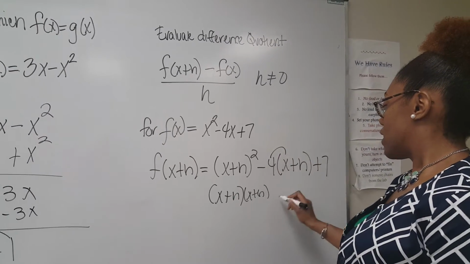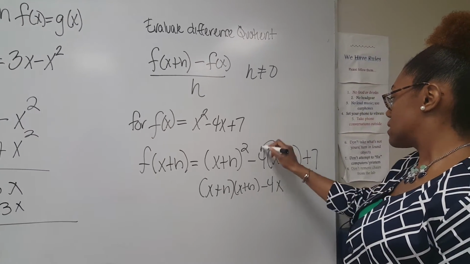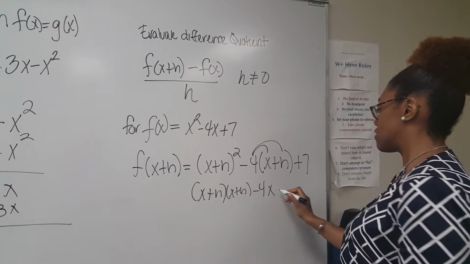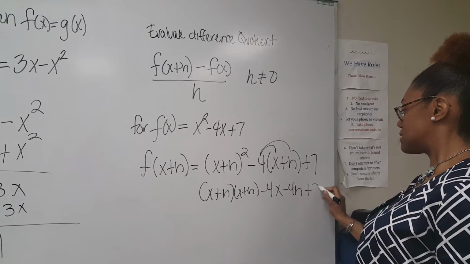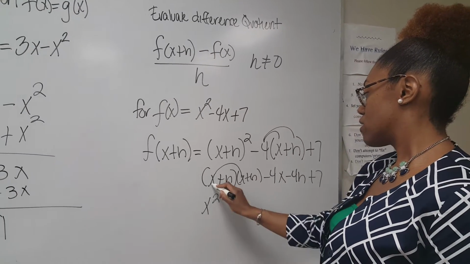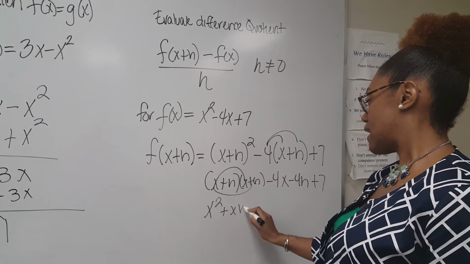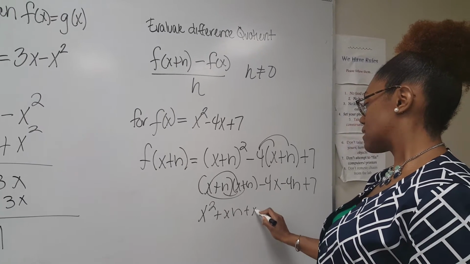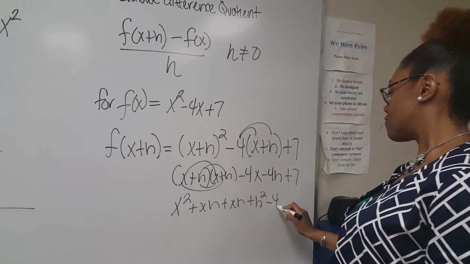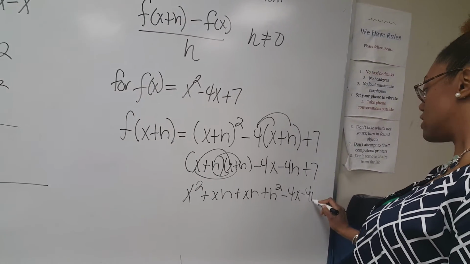And then I'll distribute here, and this will give me a minus 4x and a minus 4h plus 7. So this will be x times x, which will give me x squared. Then this will give me a plus xh plus another xh plus h squared minus the 4x minus the 4h plus the 7.